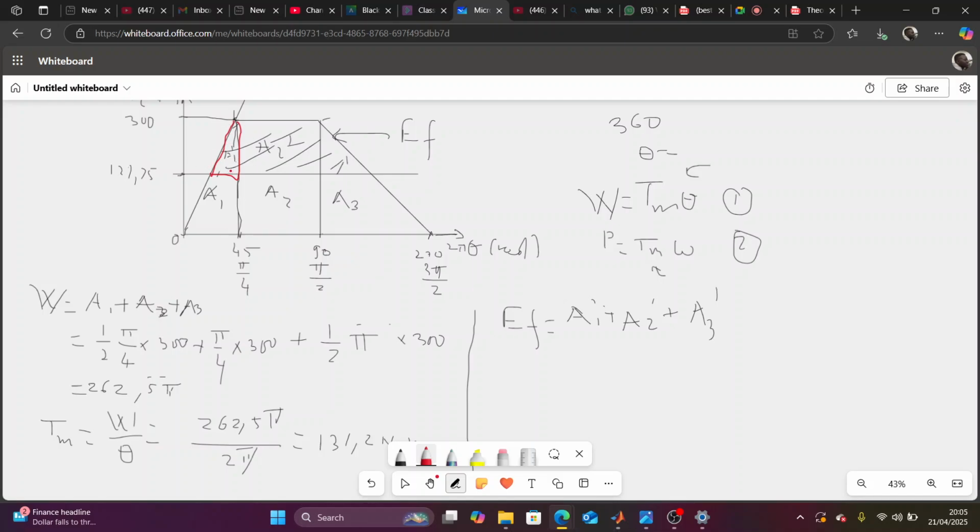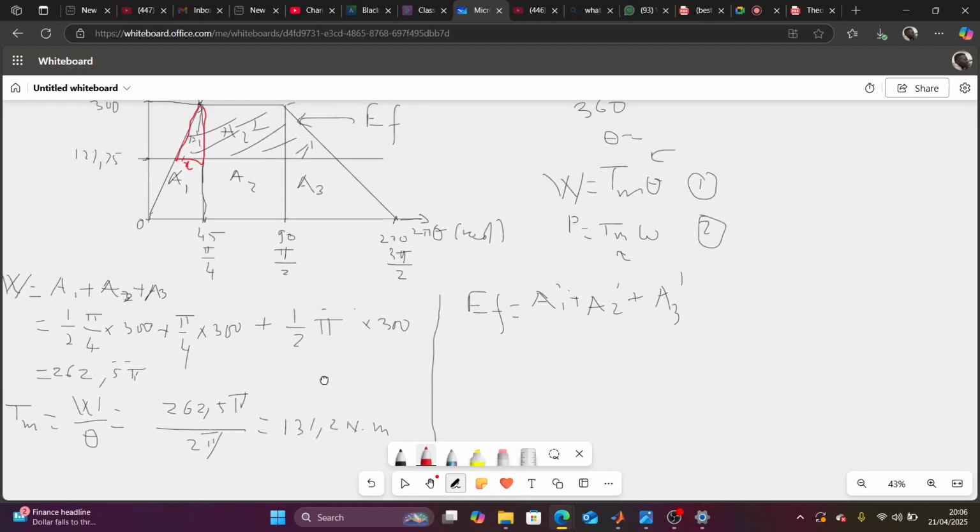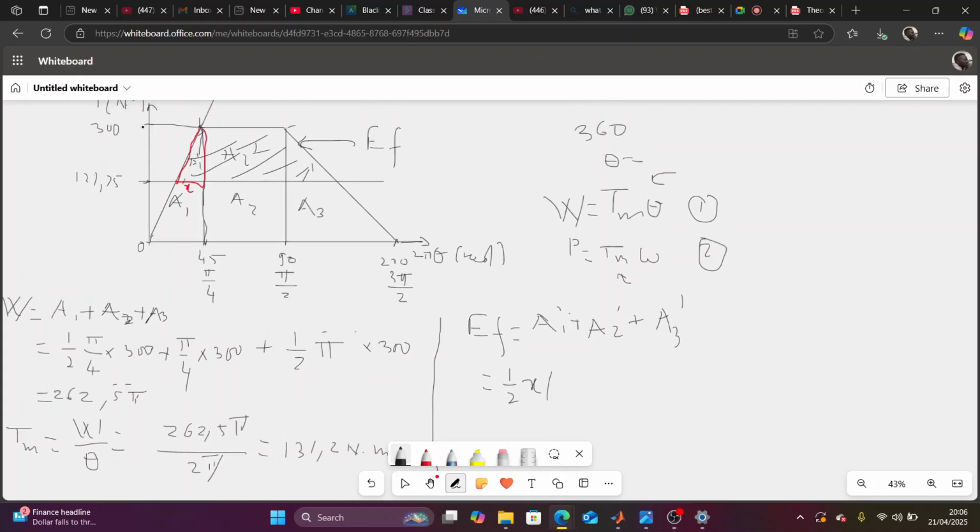But we don't know what is the base. That's why we call it x. We know this base, but we don't know this one. Do you agree? So for a1 prime, you're going to have half base times height. What is your base? x. But what is your height? Your height is the difference between what? 300 and what? 100.